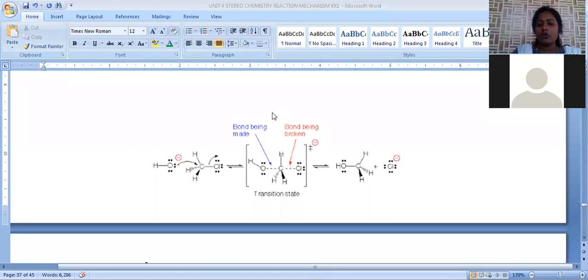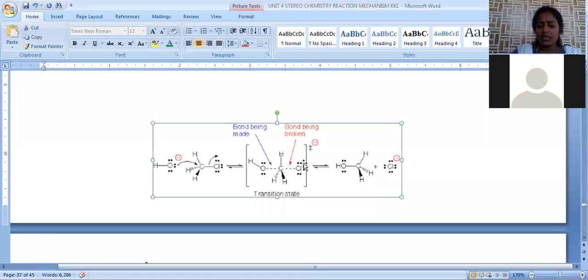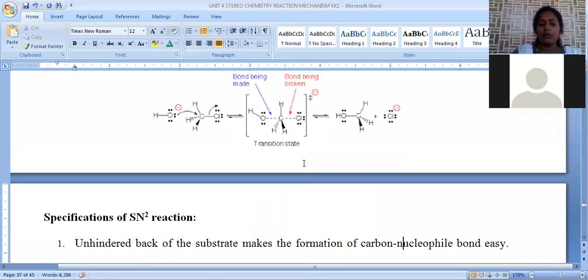It can be surrounded by 5 bonds only if they are very small. If the 5 bonds are very large, the carbon is not able to bear that many functional groups. That's the reason why the SN2 reaction is favored only by primary alkyl halides.